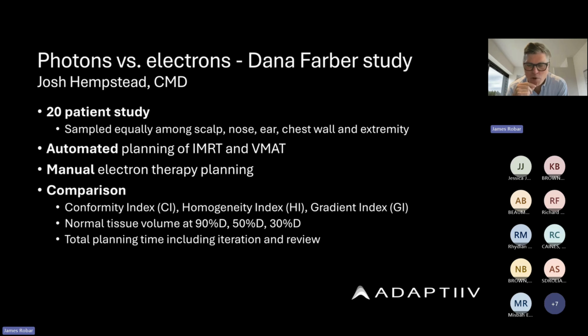This is a collaboration with Dana-Farber Cancer Institute in Boston and Harvard University. This was a 20-patient study.